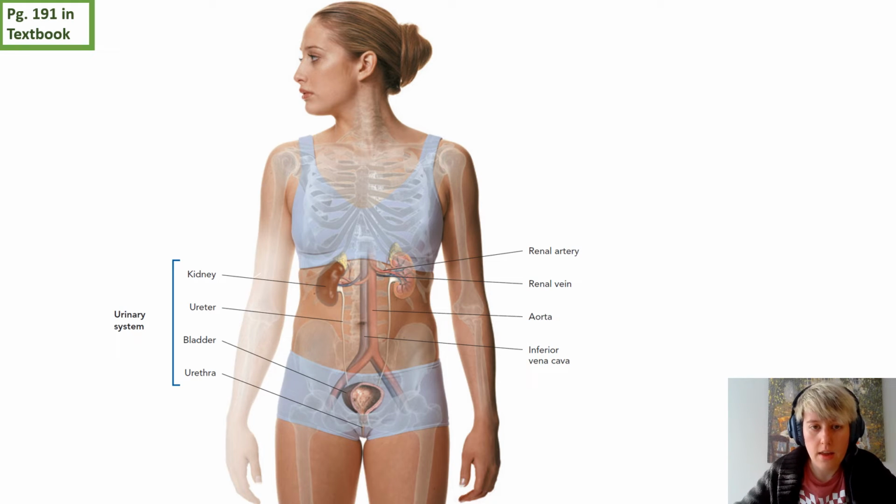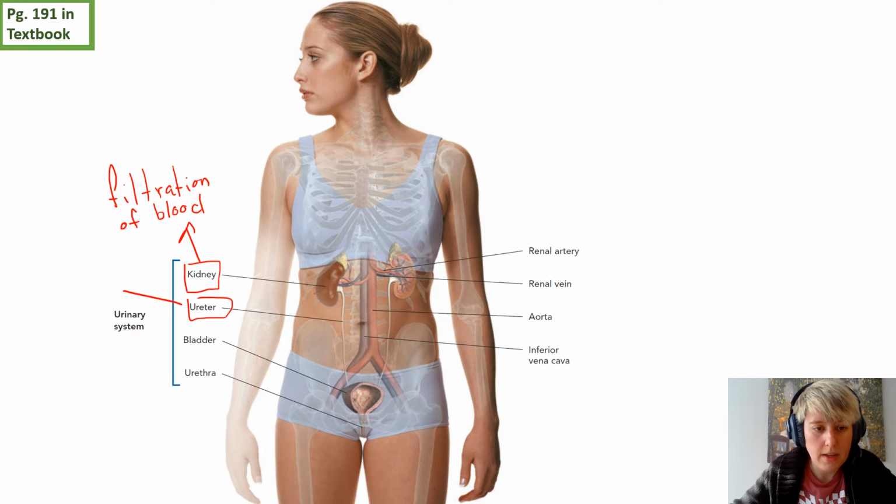So if we're looking at the breakdown of the urinary system, it is basically composed of 4 key organs: our kidneys, the ureter, the bladder, and the urethra. Now, the kidneys is where the filtration happens. The ureter is basically the tube that channels urine to the bladder.